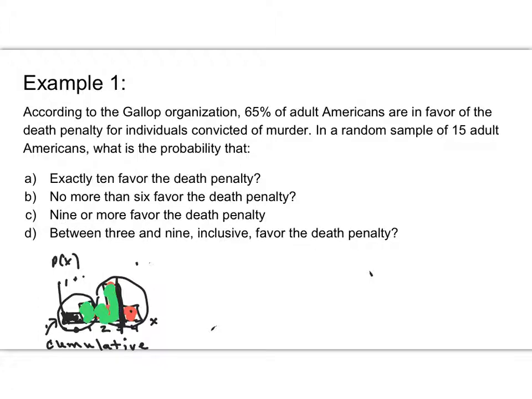That's going to give me this column 0, this column 1, this column 2, and this column 3. So I can do the probability of x less than or equal to 3, and I could subtract this guy here, and that would leave me with these. So that's how you use a cumulative distribution table.